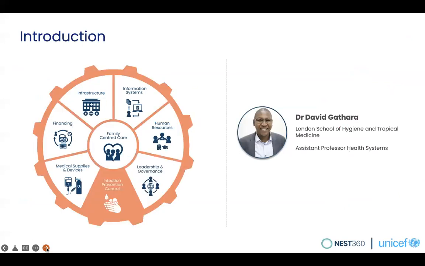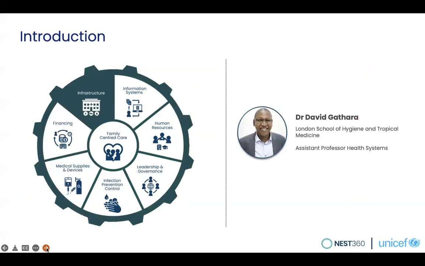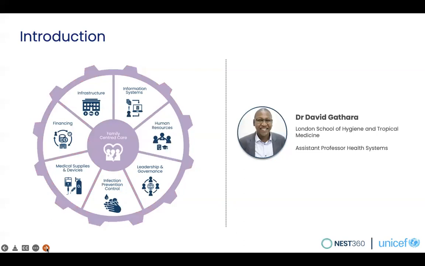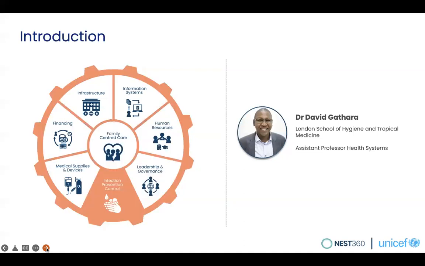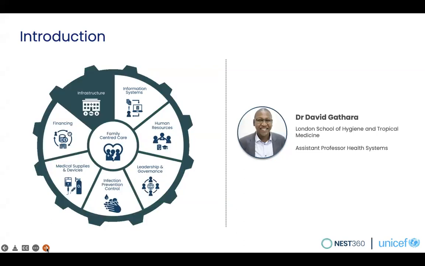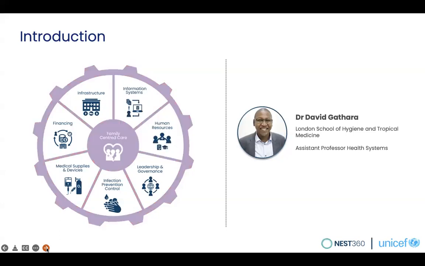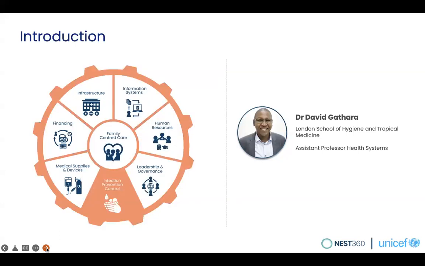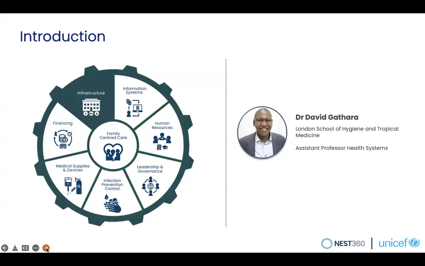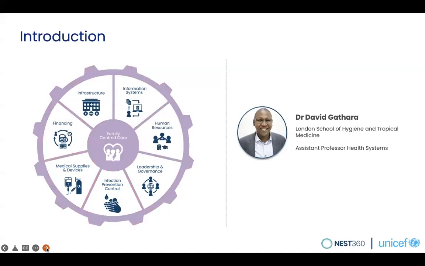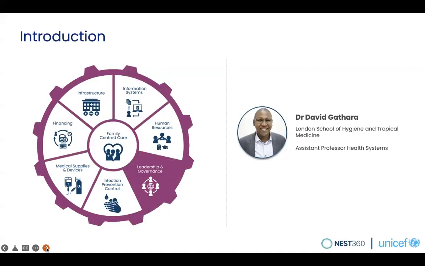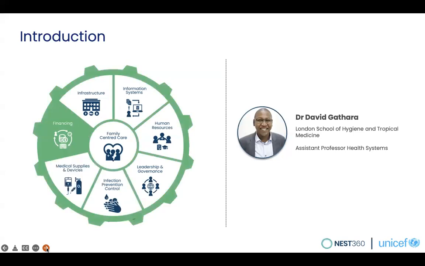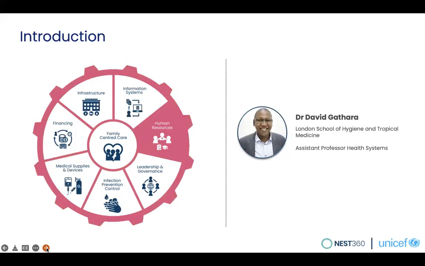So just a quick update and background to the human resources for health component within the toolkit. It's organized in 4 broad thematic areas: people and teams, which focuses on the number of staff, the cadres, the skill mix required, and the knowledge that they need to deliver small and sick newborn care.